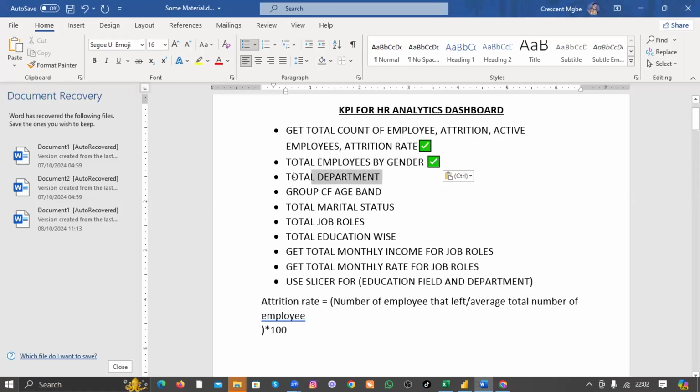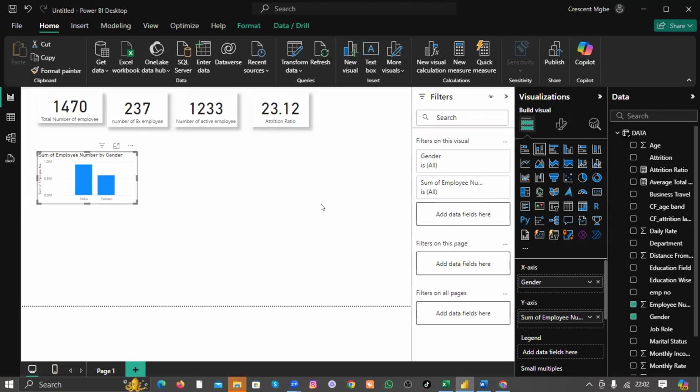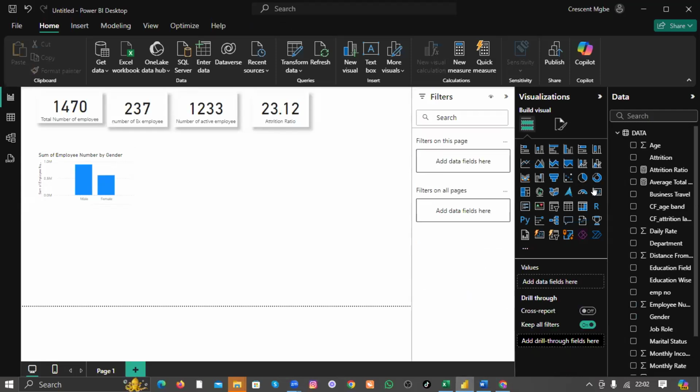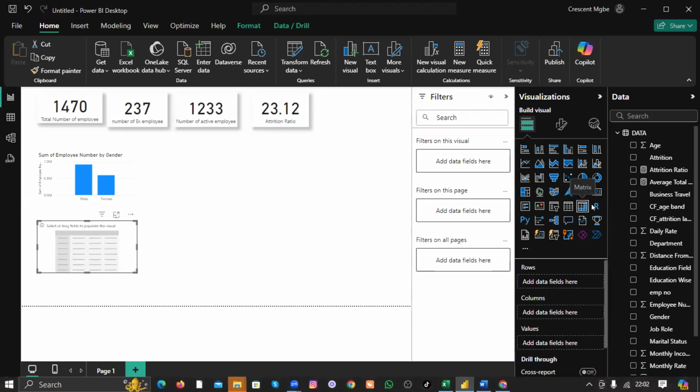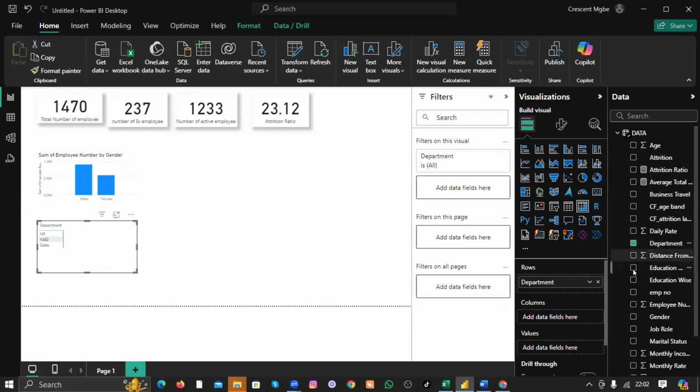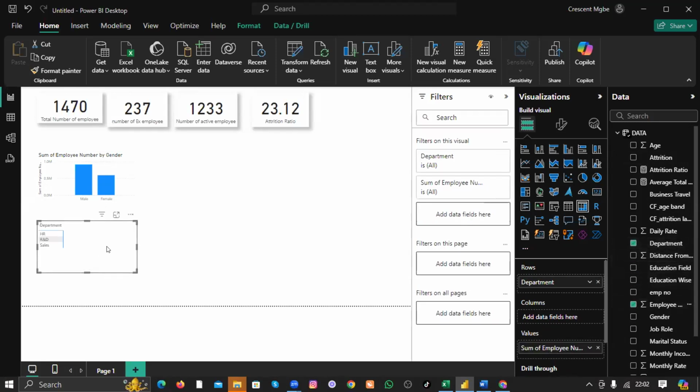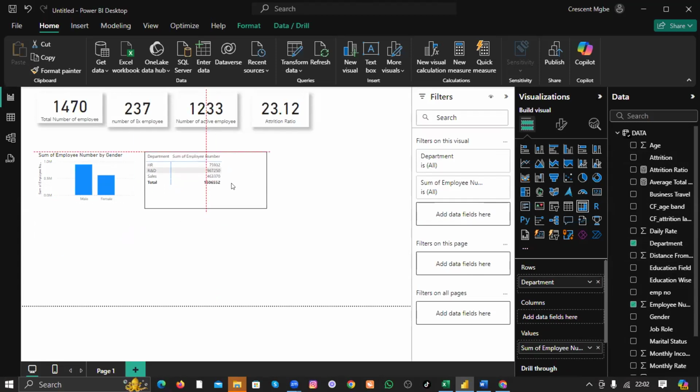The next one says total departments. You bring out your table, not card table. For total department, just select departments, select total employee. So you can see for each of those departments, these are the number of employees working there. You just convert it to a visual.